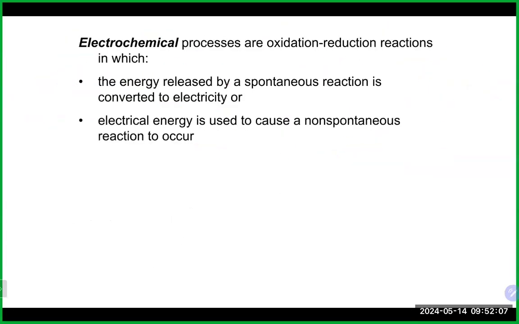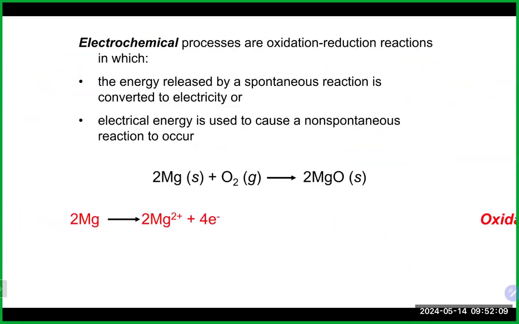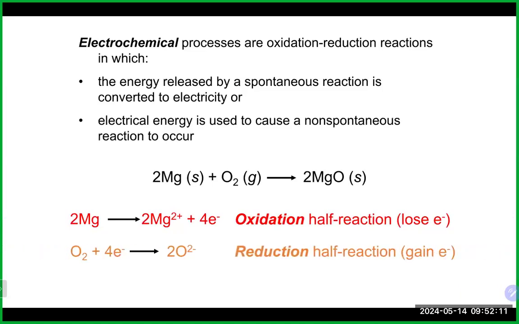So let's talk a little bit about electrochemical processes. As we will see in this chapter, this transfer of electrons allows those electrons to go out and do some type of work. It's very similar to how a battery works.